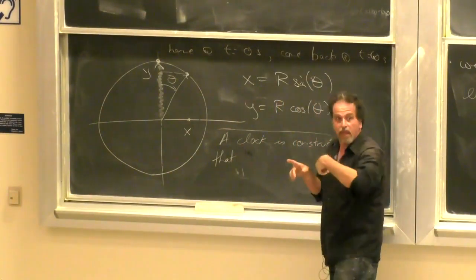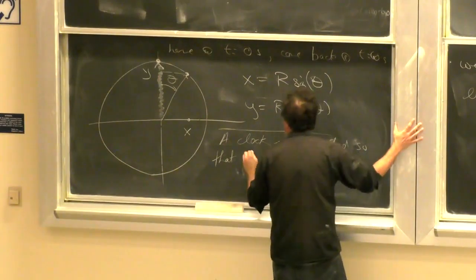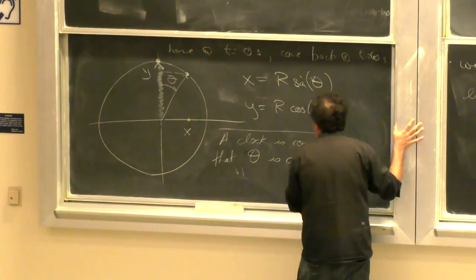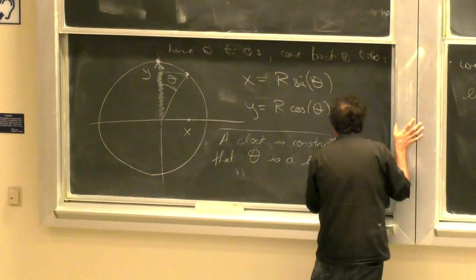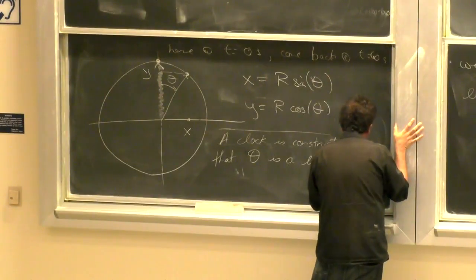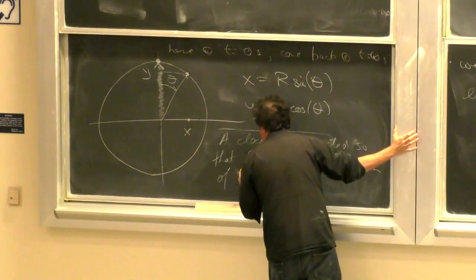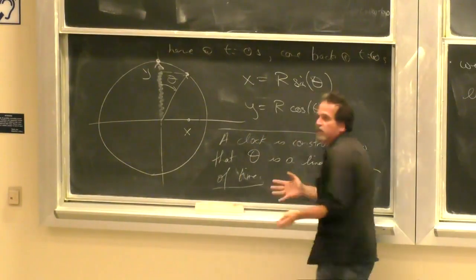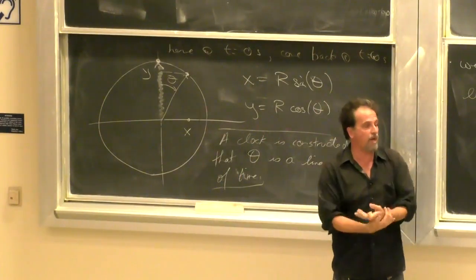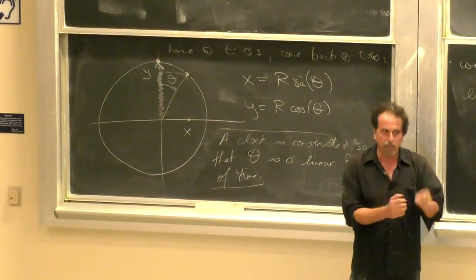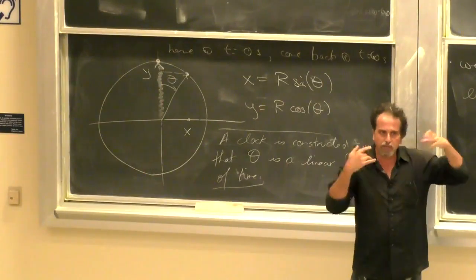And if it was doing that, it is constructed so that theta is a linear function of time. That's how it's constructed, everybody. If you know your angle, you know your time. I mean, linearly. So it's easy to do a linear inversion in your head.